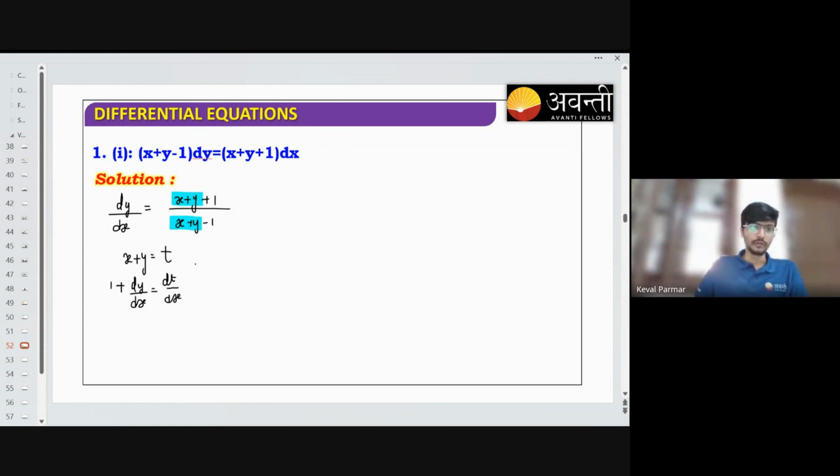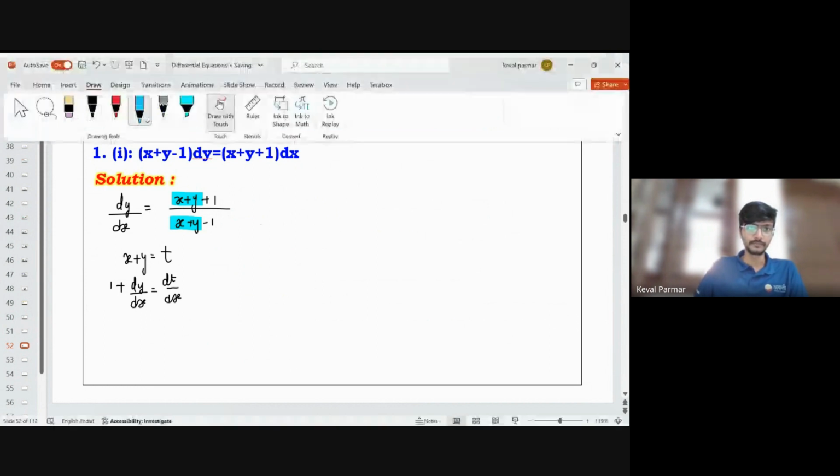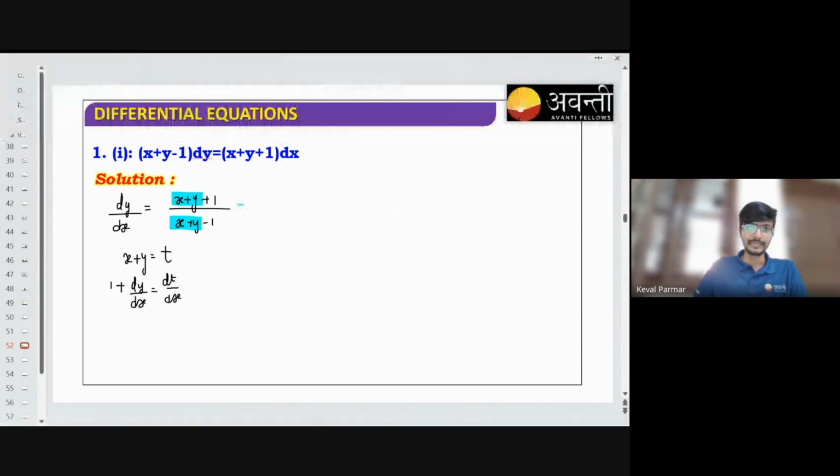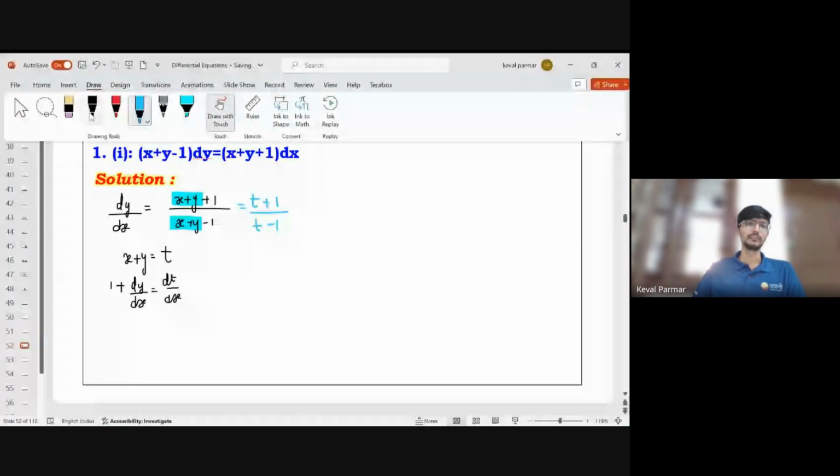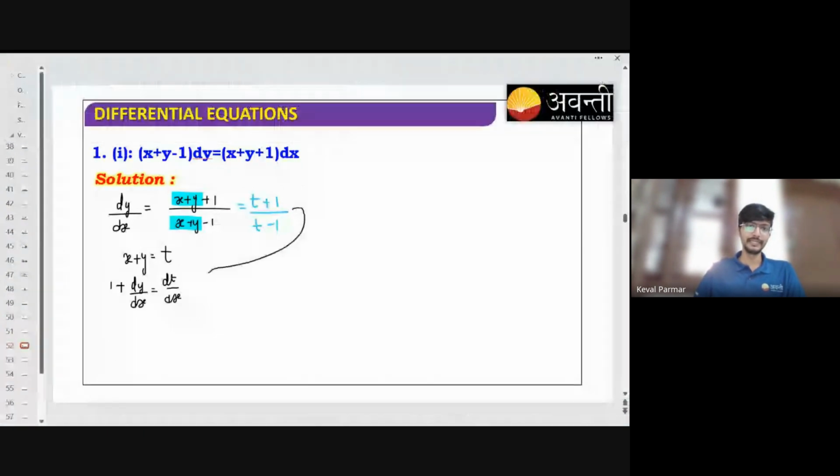So this equation will become t plus 1 upon t minus 1. Now substitute the value of dy by dx here. So I'll get 1 plus t plus 1 upon t minus 1 is equal to dt by dx.